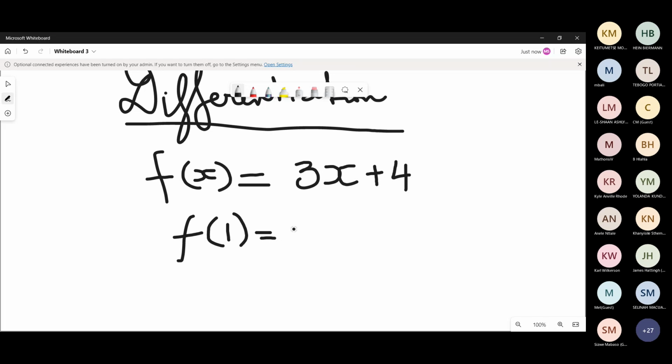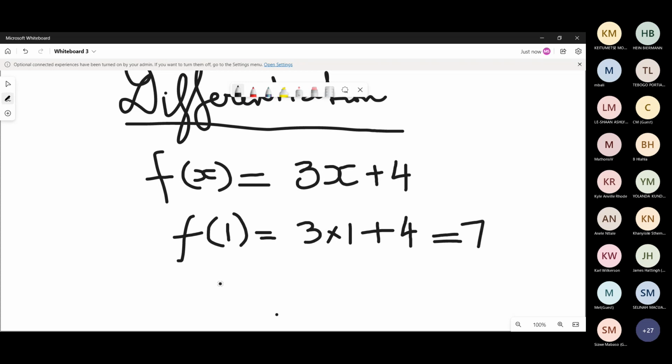F of 1 is 3 times 1 plus 4, right? Look here, f of x is 3x plus 4. Please, can you mute the mic unless you want to talk? Great. So this is 7, right?